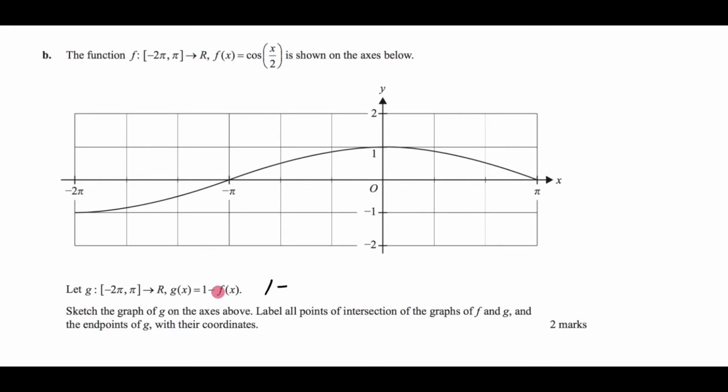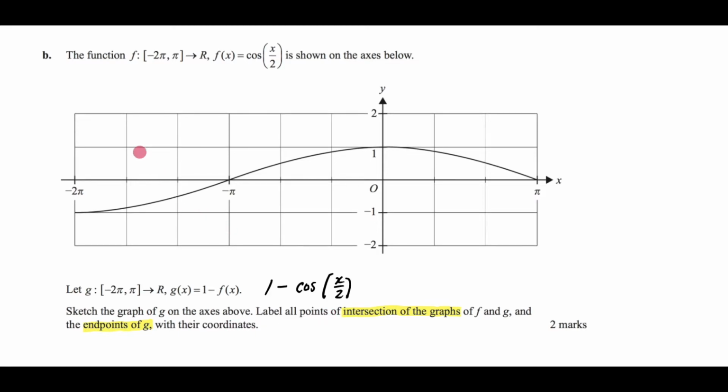It's going to be 1 minus f of x, which is simply cos of x on 2. What we need to do is sketch the graph of g on the axis above, label all the points. So get your highlighter out and just label the key pieces of information. Label all the points of intersection of the graphs and the endpoints of g with their coordinates. Okay, so that's what we need to do.